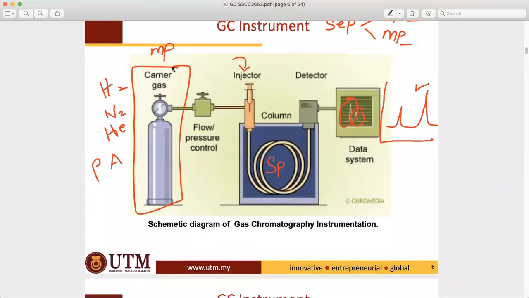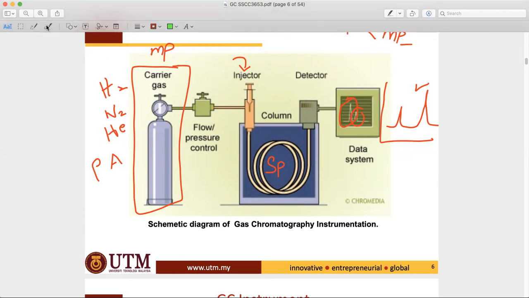Basically you would have a carrier gas. Usually the carrier gas is helium, nitrogen, hydrogen, and sometimes purified air. You would also have a flow regulator pressure, which regulates the flow of this carrier gas.